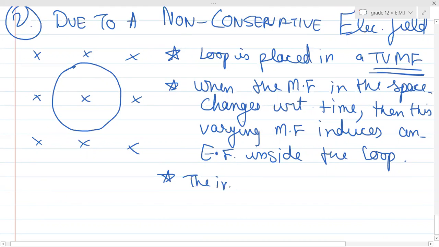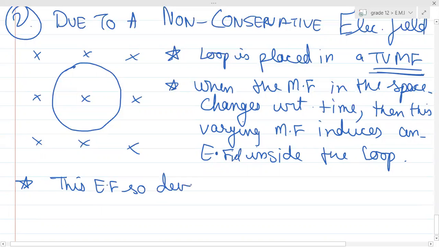The induction of electric field inside the loop. Then you'll write this electric field developed.